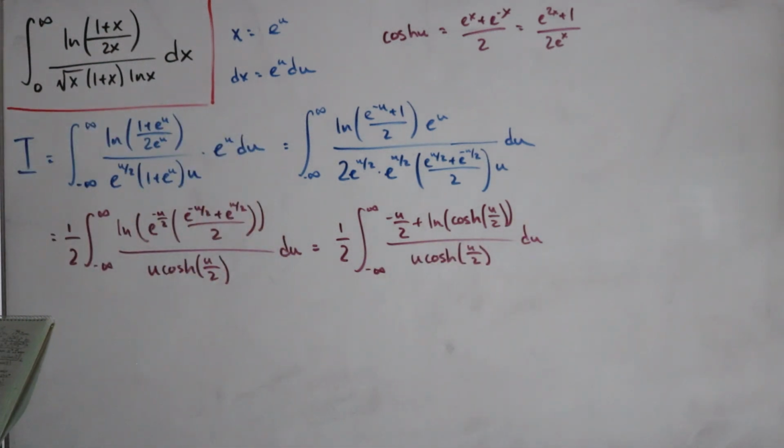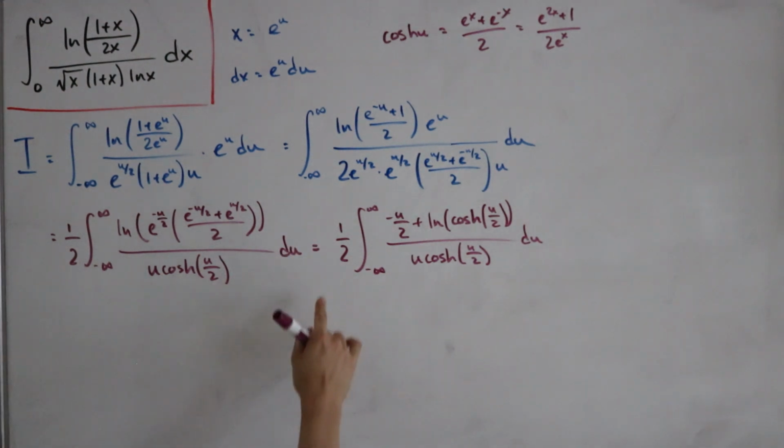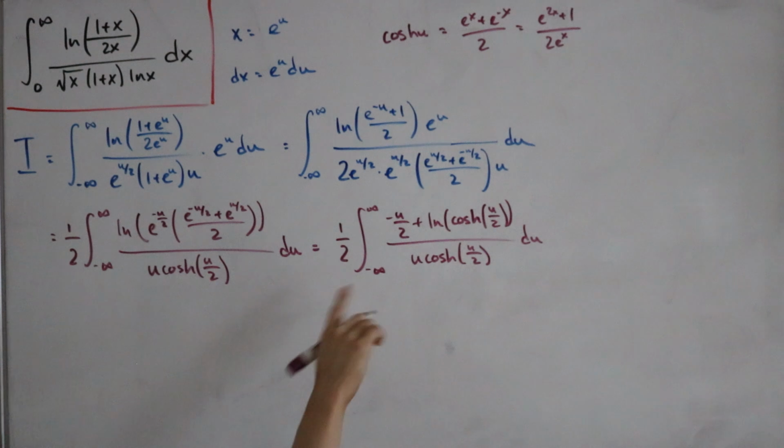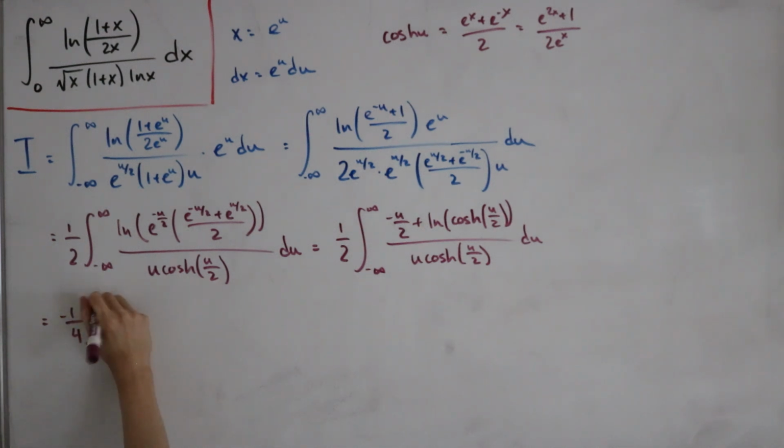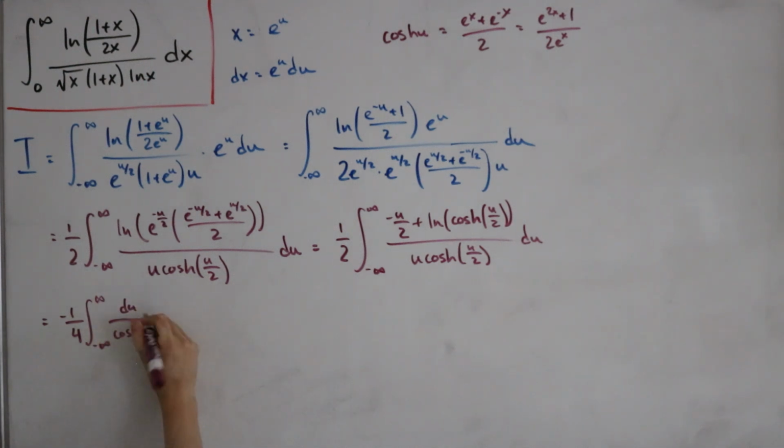Okay, so now we're actually going to split this into a sum of integrals. So now just multiply the 1/2 into each of the functions respectively. So the first thing I'll get is 1 divided by 4, then of course constant, so that's why I factor it outside. So negative infinity to positive infinity, du, and then divided by hyperbolic cosine of u divided by 2, because those u's cancel out.